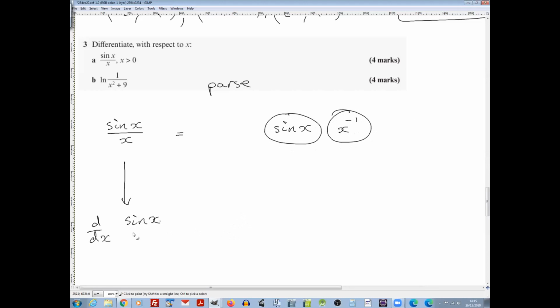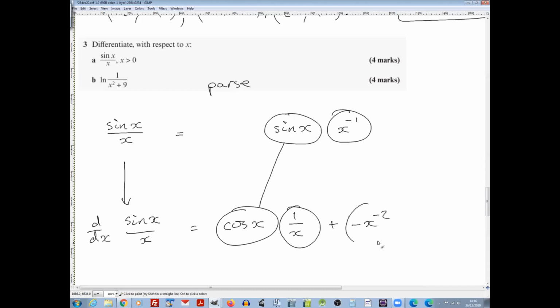And then you'd get cos x times x to the minus 1, plus sine x times minus 1 times x to the minus 2. Yeah. Right. Minus x to the minus 2, sine x times sine x.